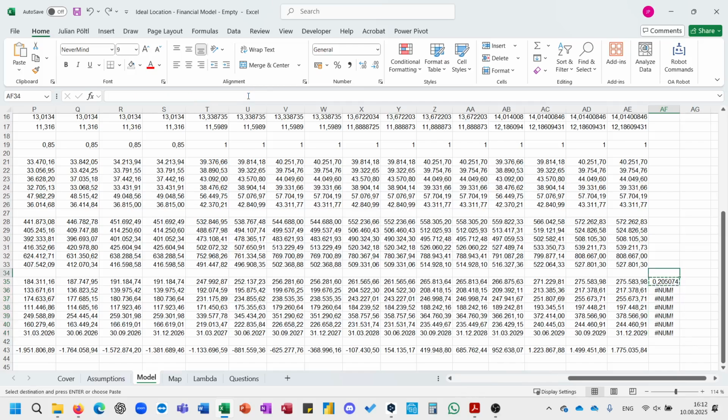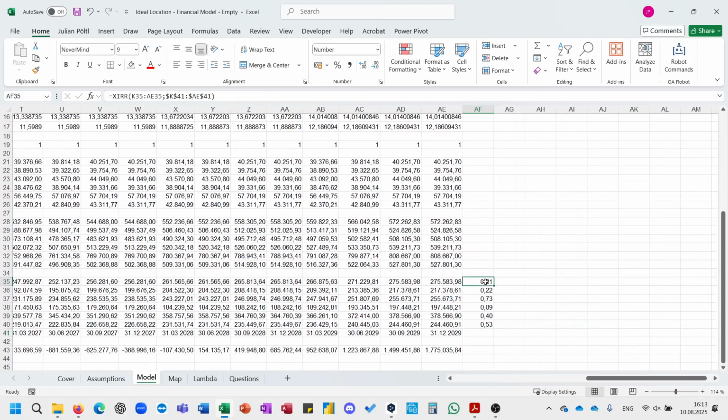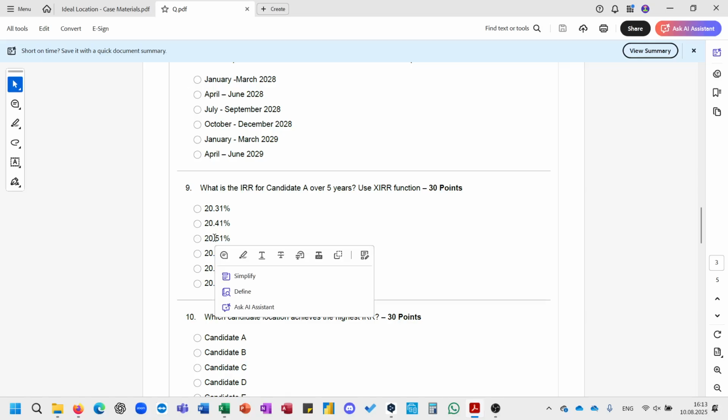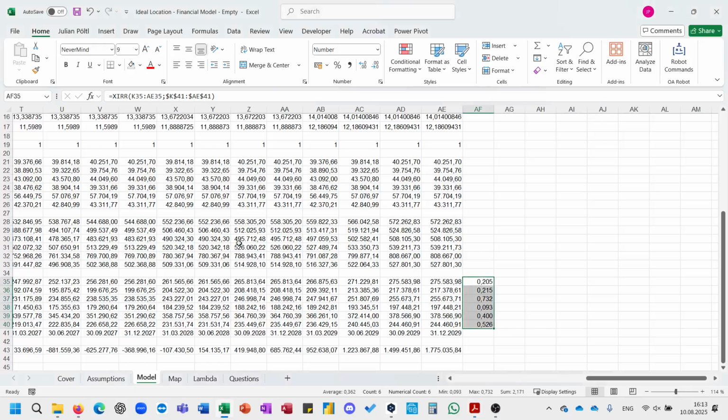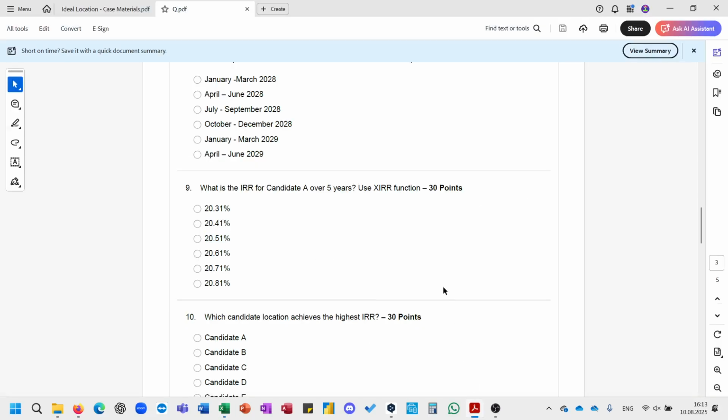Yes, of course, there's no calculation method, so let's add a number. For A, it's 20.5%, 20.51 specifically, which would be answer C. Yes, so it's answer C. And we can also answer 10.